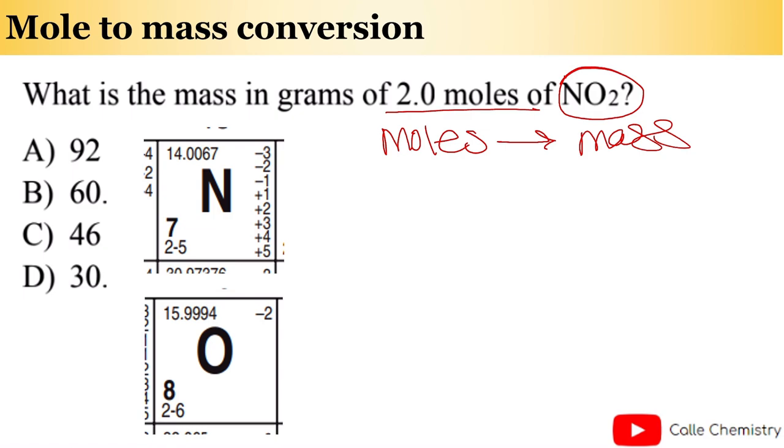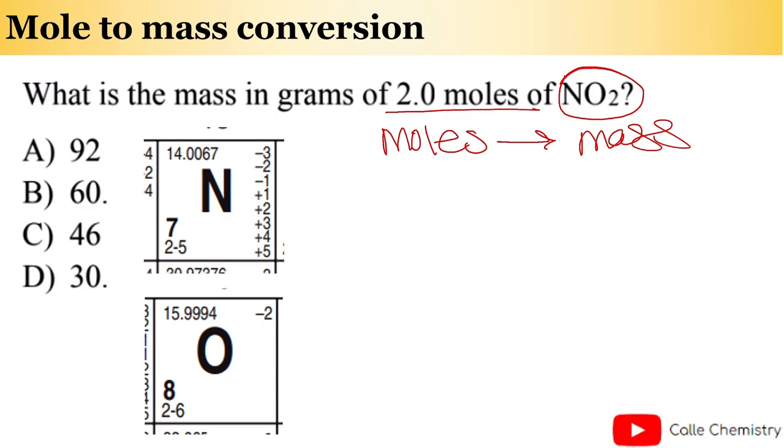So you're going to look at the periodic table, and you're going to find the molar mass for each of these. Get the molar mass for NO2, and now you are stuck with, are you going to divide this or are you going to multiply this?